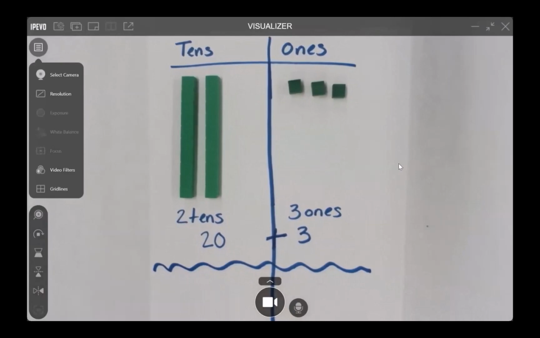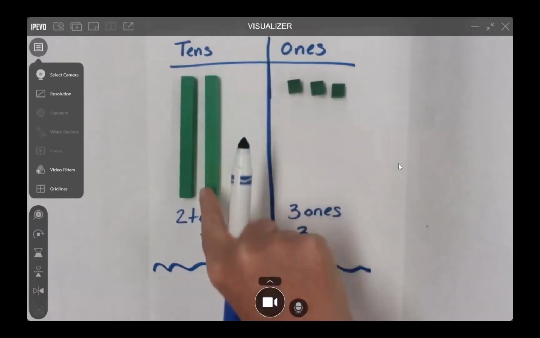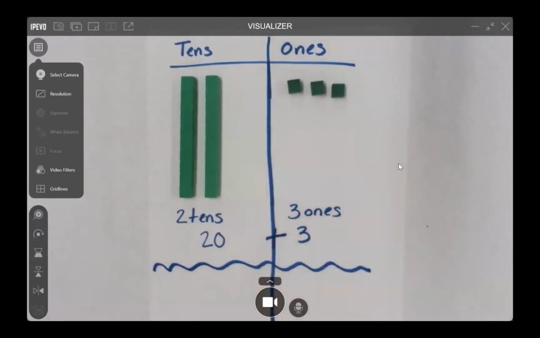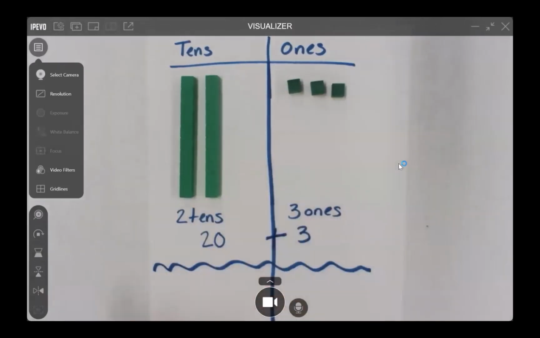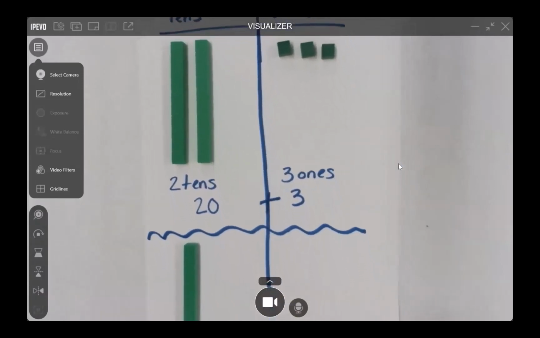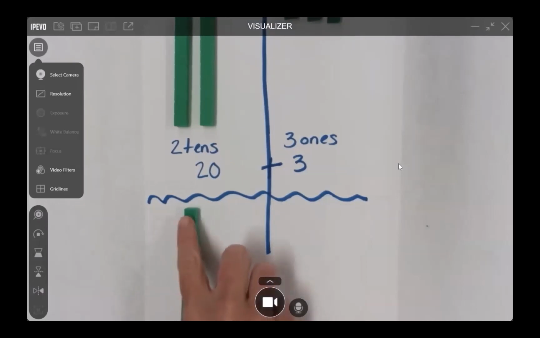Well, I know that the value of a 10 rod is the same as 10 ones. So I'm thinking maybe I could trade one of these 10 rods in for 10 ones. So if I were to do that, I would have 1 10. I'm going to slide this up, you guys, so you can see 1 10.